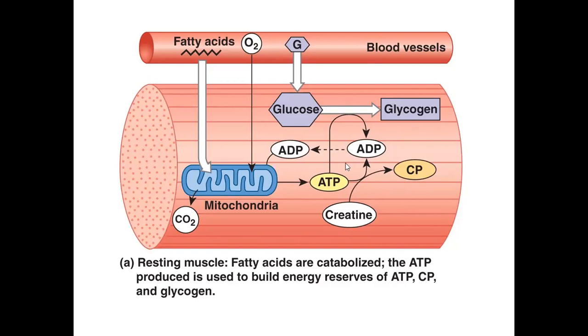But it also is utilized for the buildup of the glycogen molecule. And we know that glycogen is a repeated unit of glucose. So we need ATP for the process of the glycogen formation.